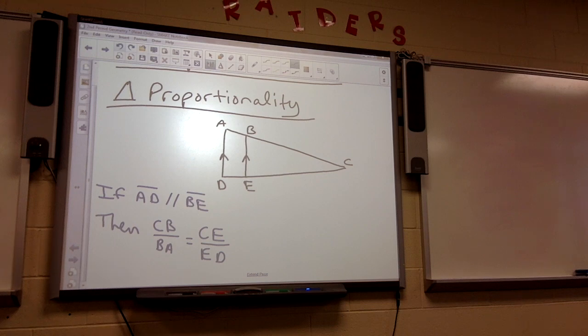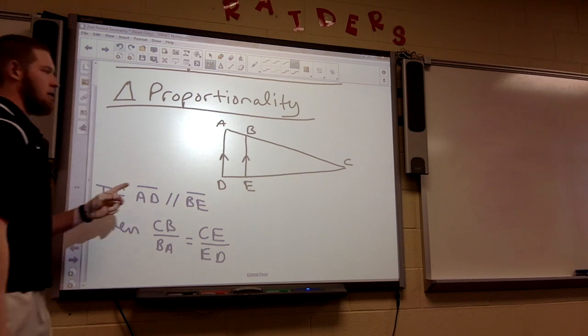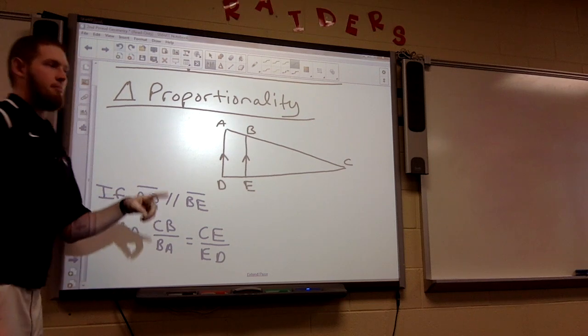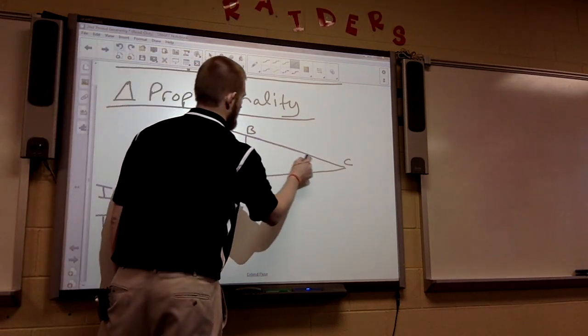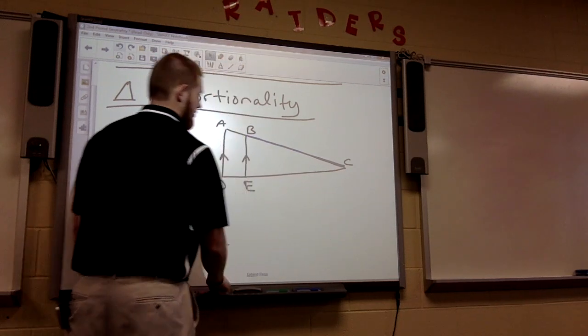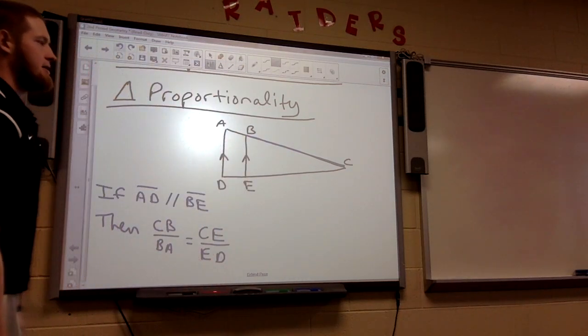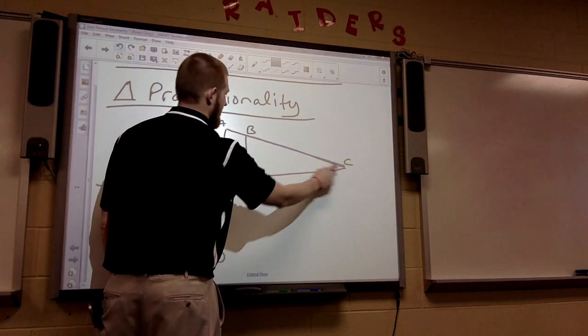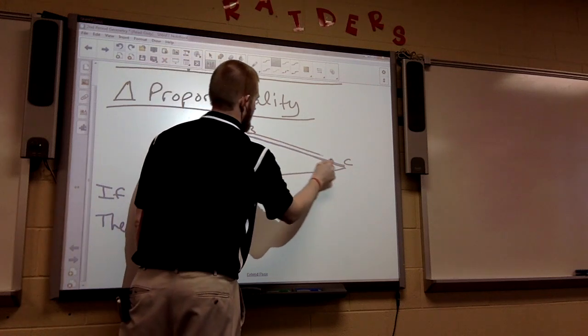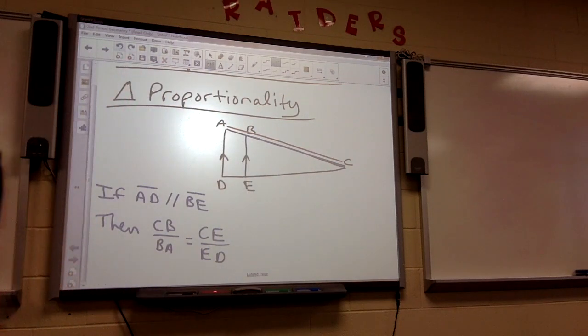So let's compare this. Before we really talk about this, let's talk about what we used to say. Okay, in the past, we would have had to compare BC, which is the side of my smaller triangle. What would I have had to compare BC to? What's the side of my big triangle? AC. So I'd have had to compare BC to AC. And that would be okay because it's 2 sides of the triangle, right?